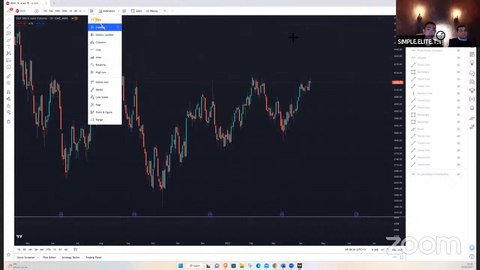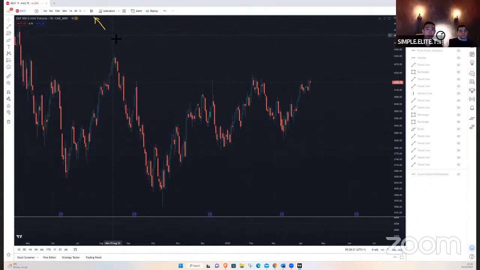But the standard candle is me. Hollow one, I see people use it, but my preference is this. It just looks a bit cleaner. Okay, so a naked chart first. That's what I want you guys to have in place.